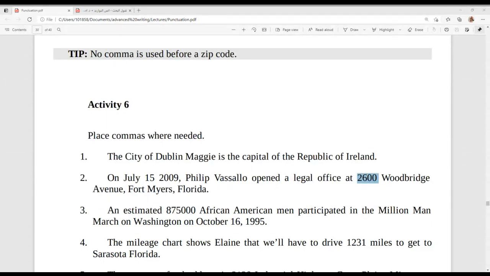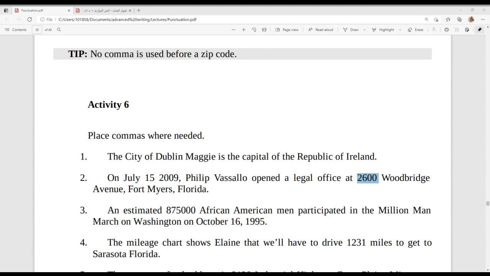On July 15th, comma, opened a legal office. Do we need a comma here?